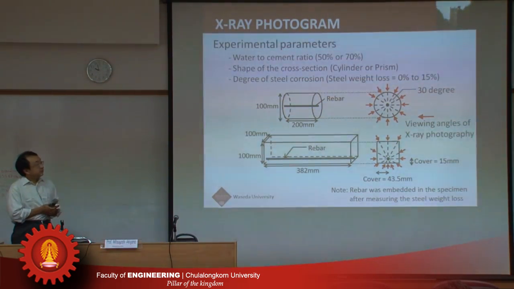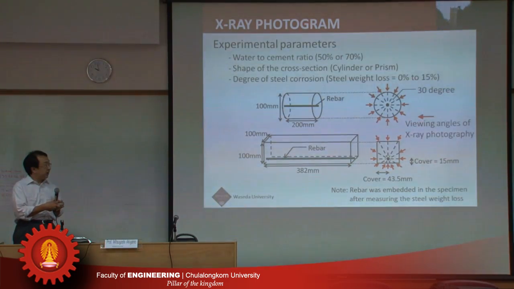So comparing the steel weight loss estimated by digital image processing for cylinder specimens with that for prism specimens, the effect of distance between rebar and concrete surface can be examined.